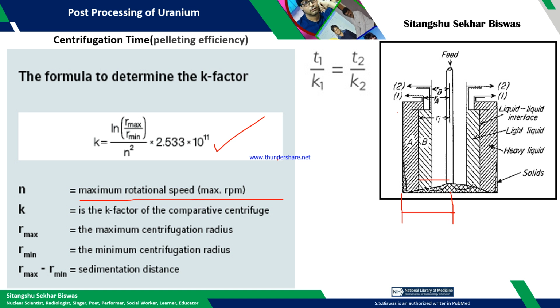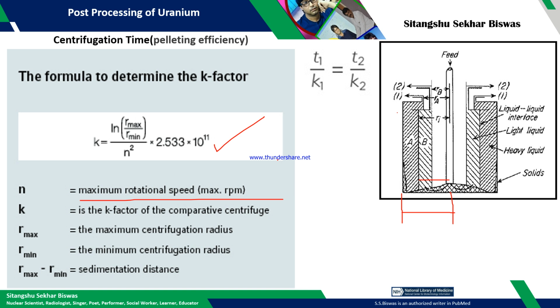It is common sense that if the mixture has a wide density difference, then at very low RPM and very quickly you can get the equilibrium.